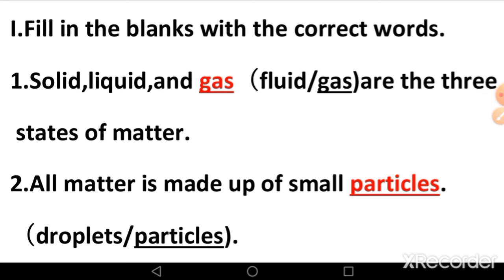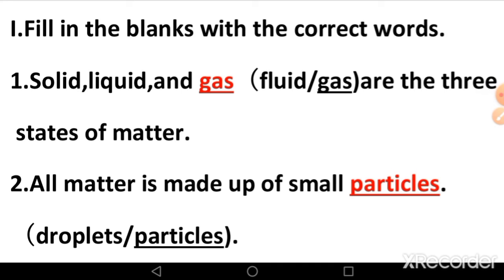So take your pencil and book and start writing with me. First, SOLID, solid, comma, LIQUID, liquid, AND, and, dash, in the bracket, FLUID, fluid.